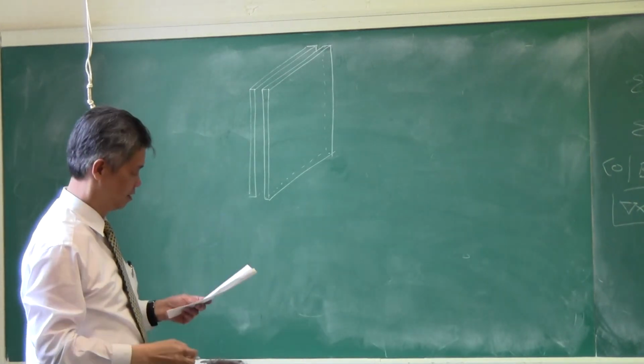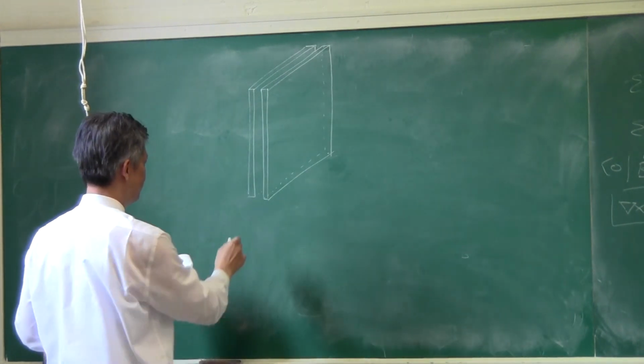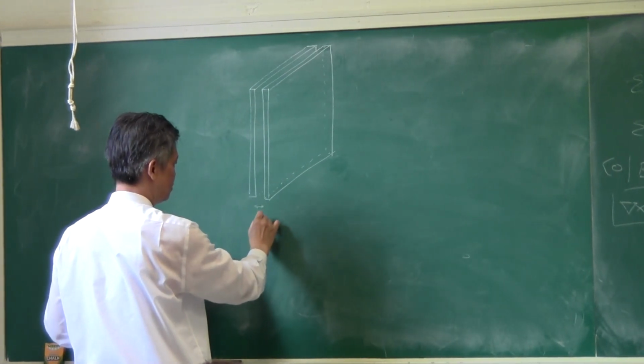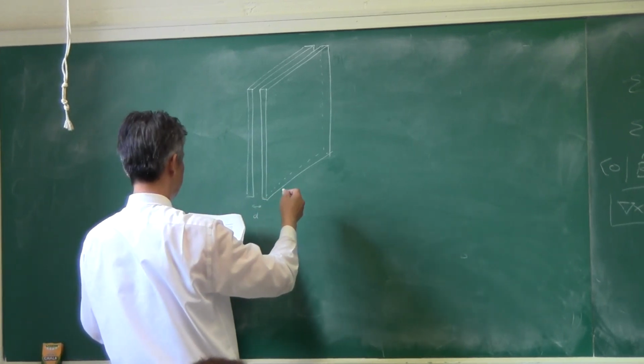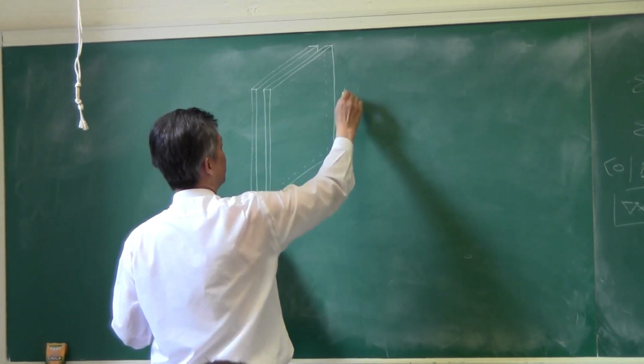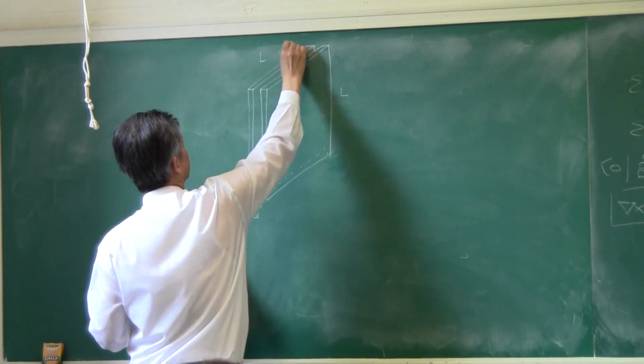Okay, you have two plates and then they're separated by D. And then you have L in one dimension and L in the other dimension.